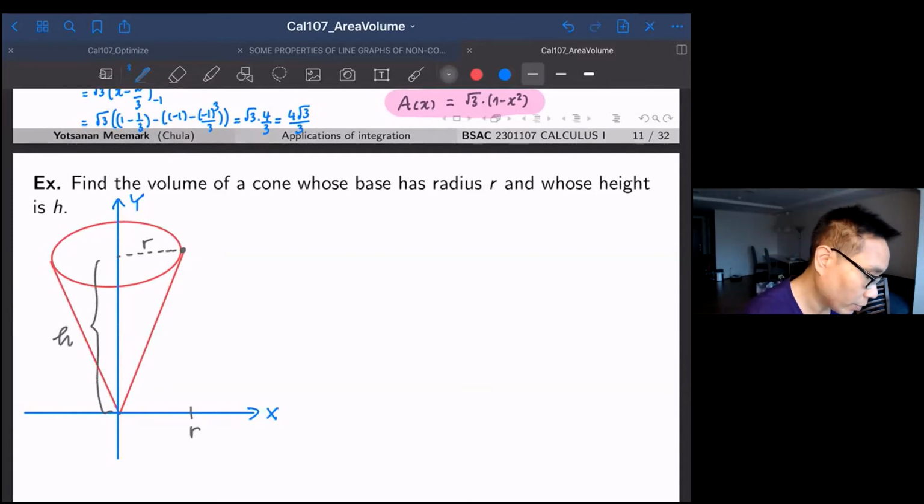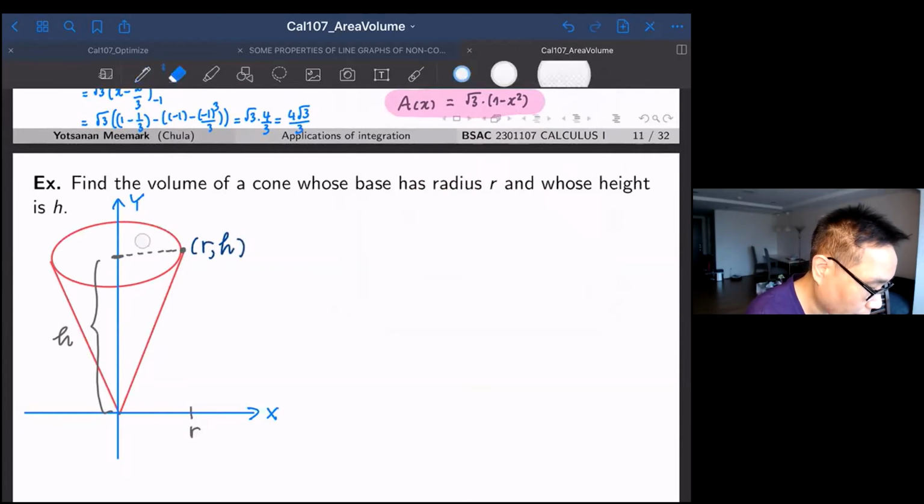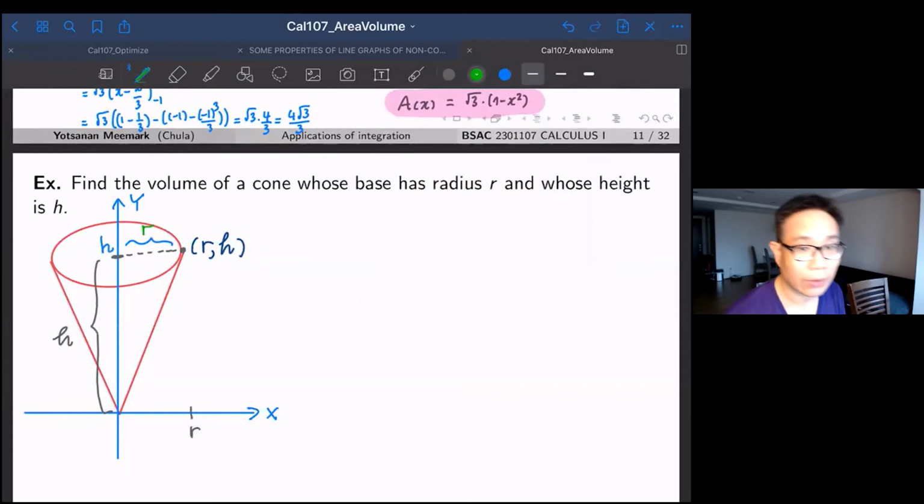So this point turns out to be your h, and this point turns out to be your r, h. It's kind of confusing, so you have h here, and here is going to be your r. Why don't I use a different color? Okay, that should be clear enough.